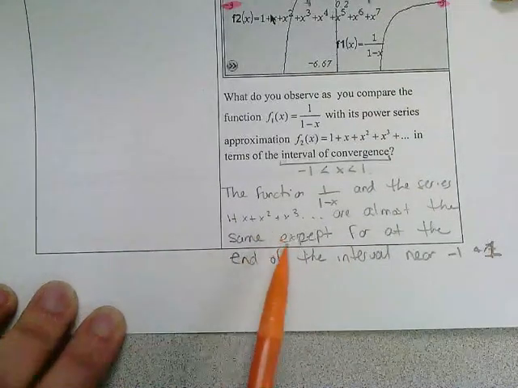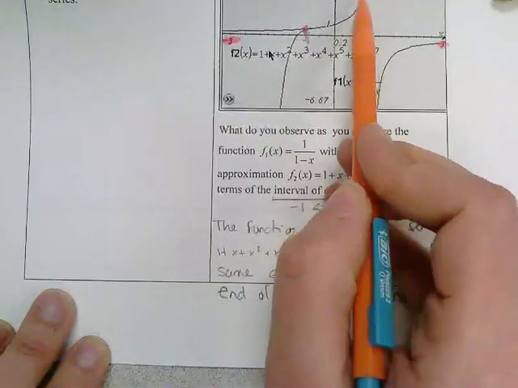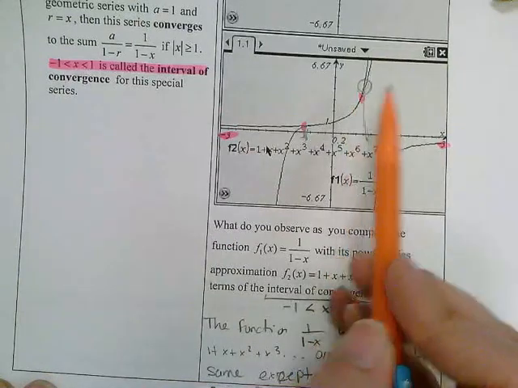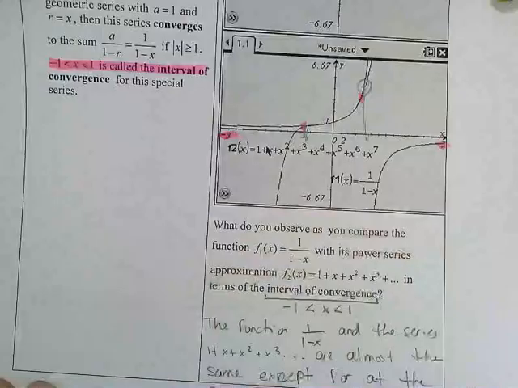So basically, they are almost the same except close to the end of the interval. At the end of the interval, we're still going to include that in our interval of convergence, but we have to understand that that's when it starts to kind of separate. Okay?